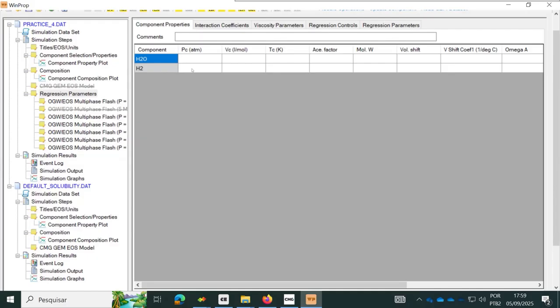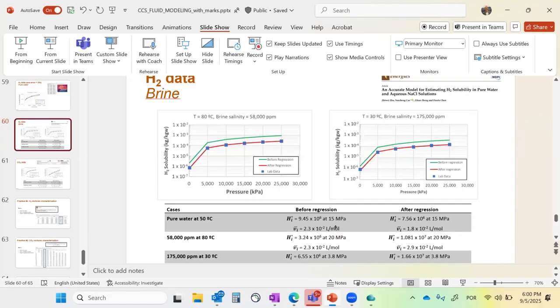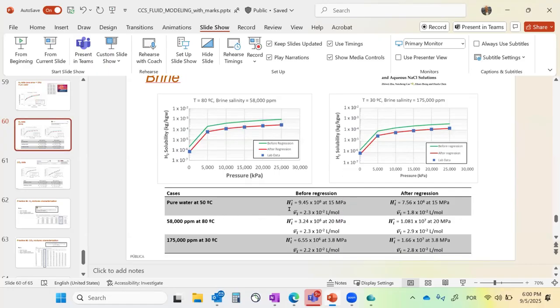Okay. Thank you. Good point. You noticed a very important limitation of this process. As you can see here, for each salinity, we have its own set of parameters. So we have different sets of parameters, each set for a specific salinity.